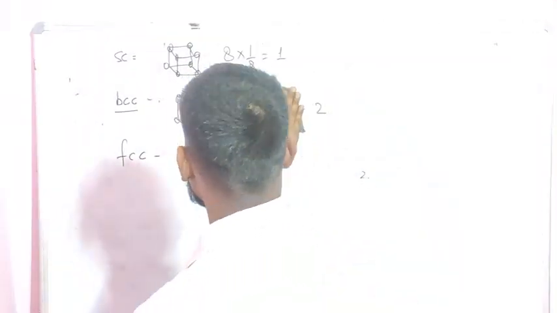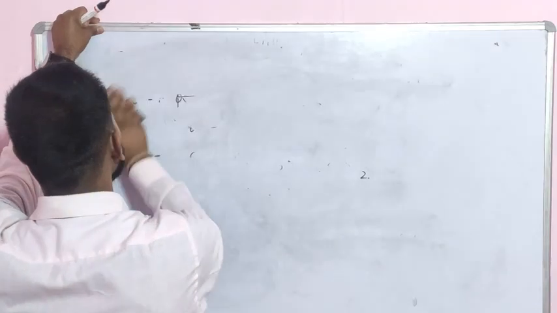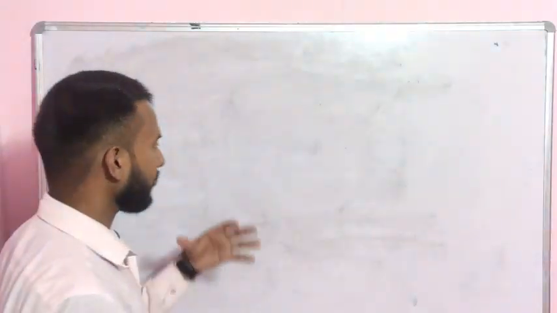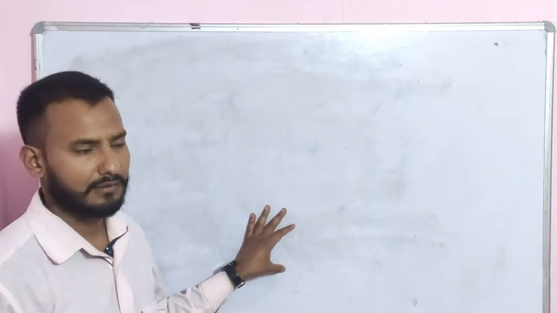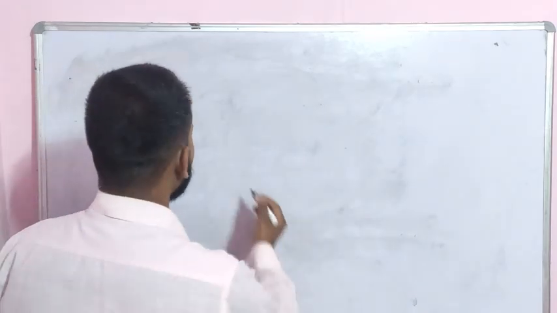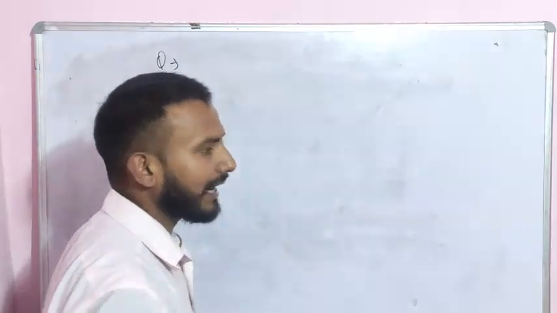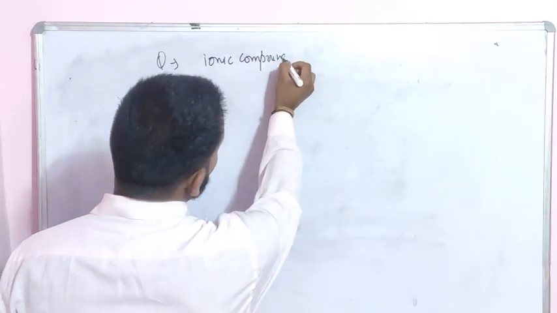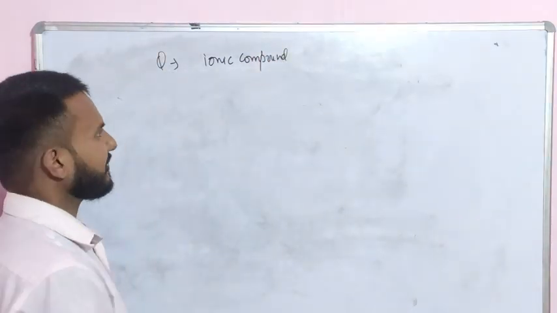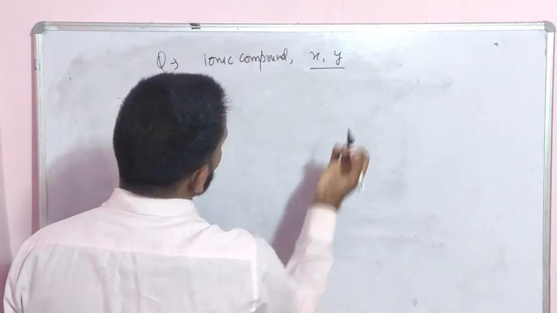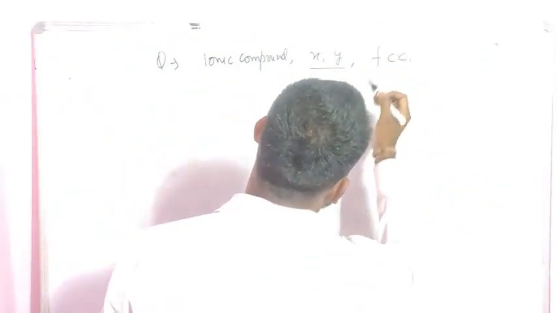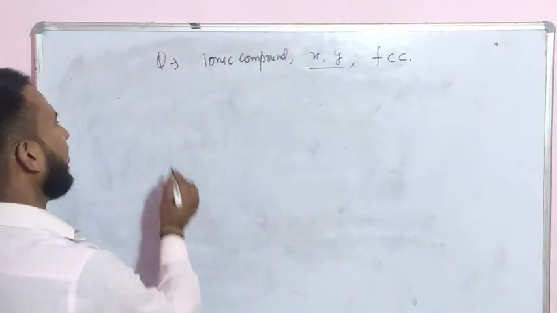Then we will end this lecture with a simple problem, and you can practice more from your NCERT book or any reference book. On the basis of this, you may find some problems like this. Suppose you have an ionic compound, note down the problem. An ionic compound made up of two elements X and Y, and it has a FCC structure.